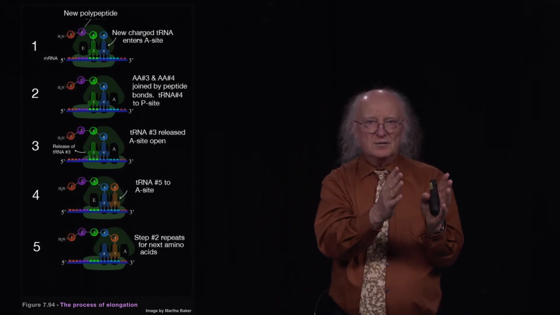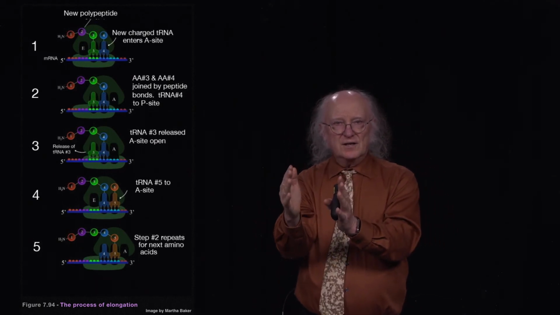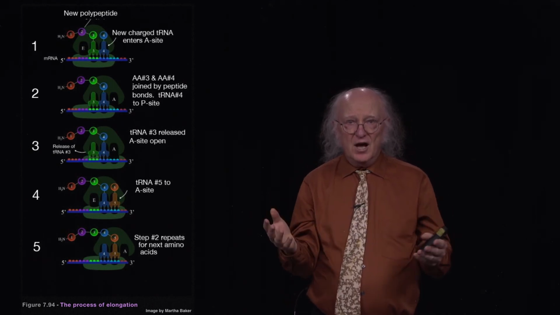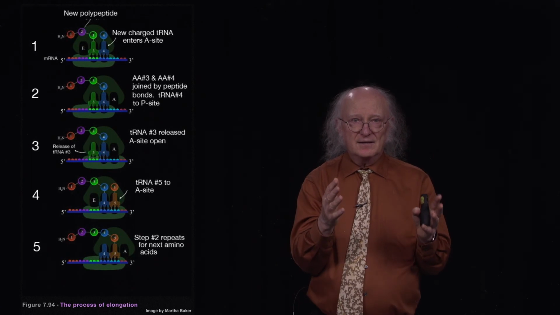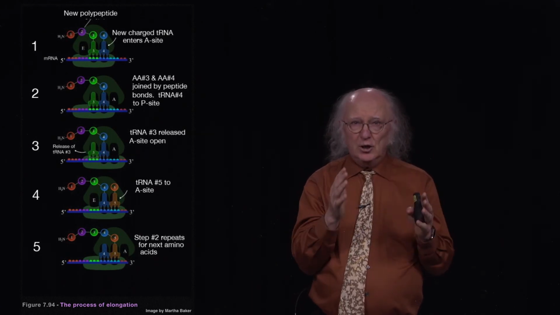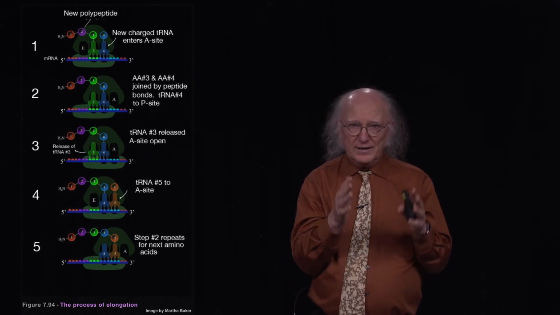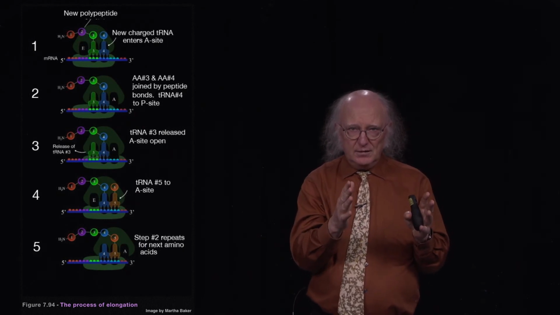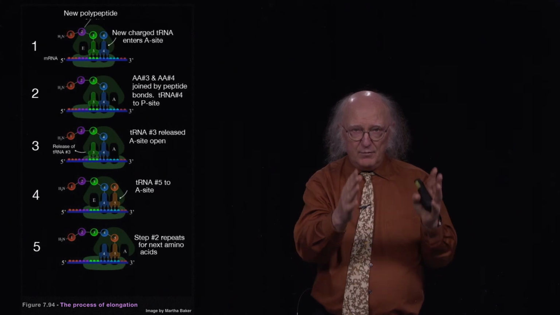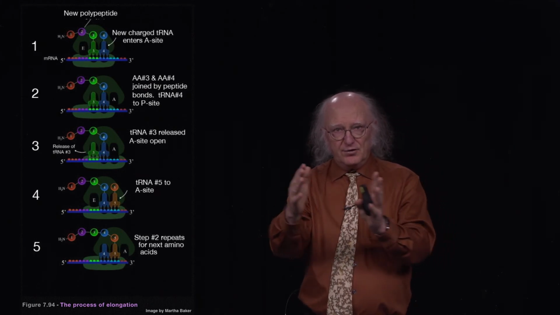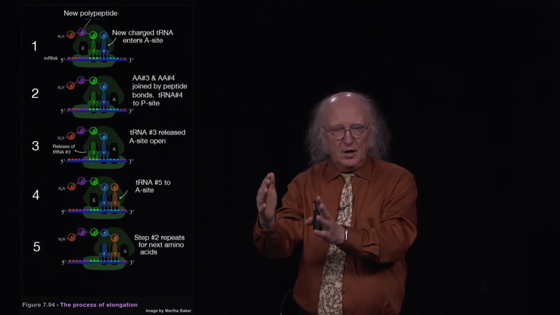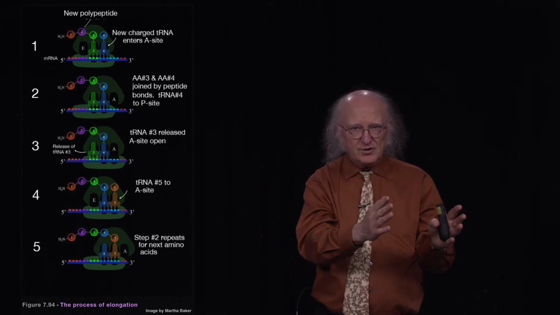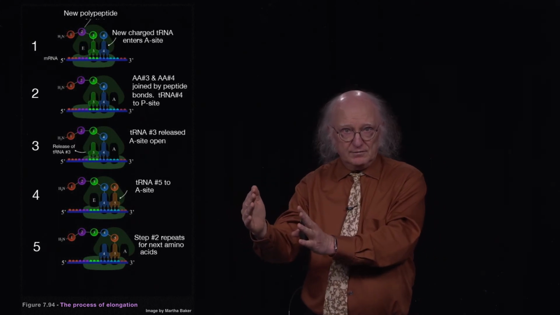And how does the ribosome slide down? Well, that's as part of a process we call translocation. And there's another protein that facilitates that. That protein is also an elongation factor. It's called EFG. And EFG catalyzes the movement of the ribosome by 3 bases, 1 codon, along the messenger RNA, going from the 5' direction towards the 3' direction.